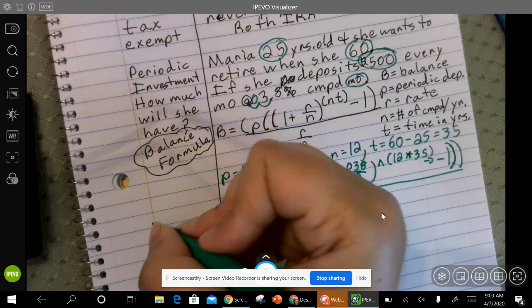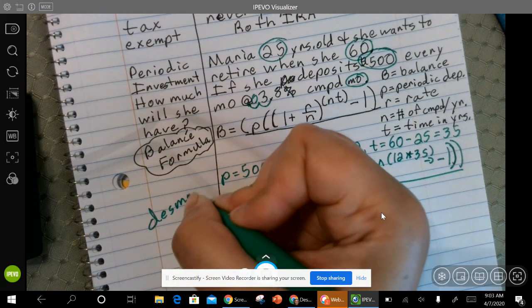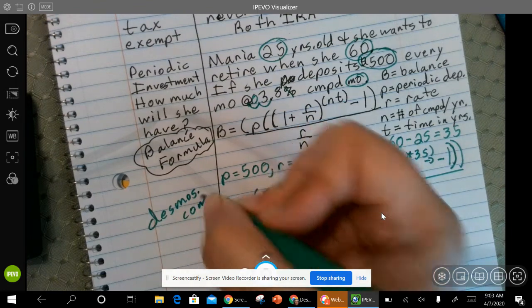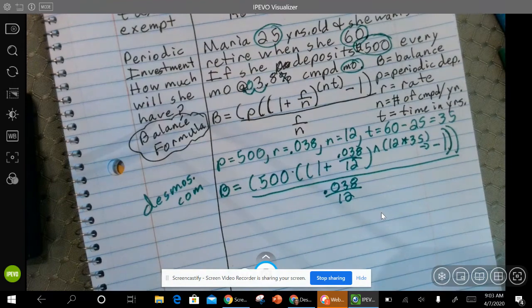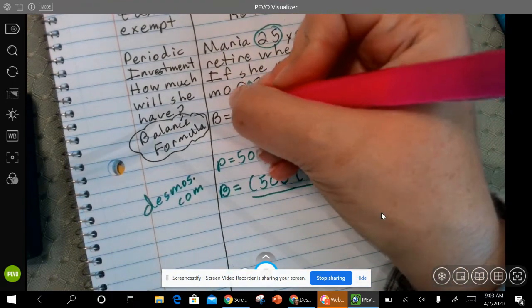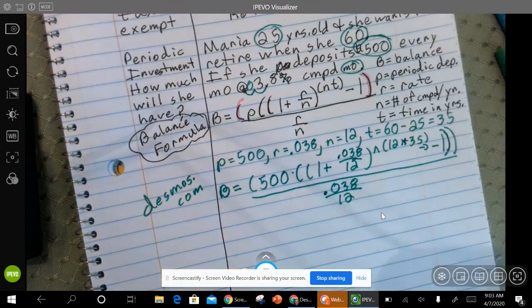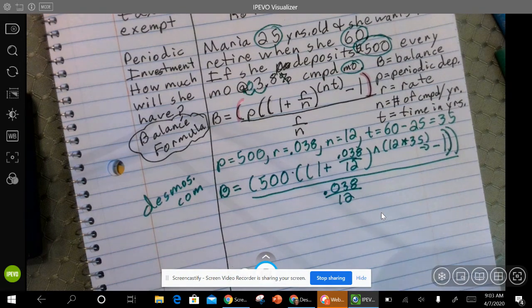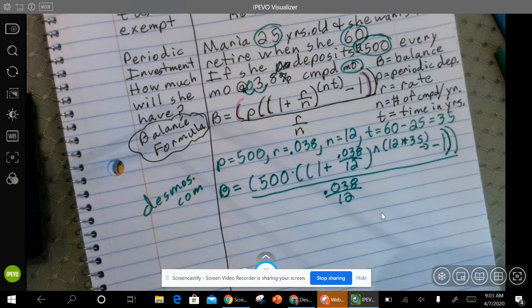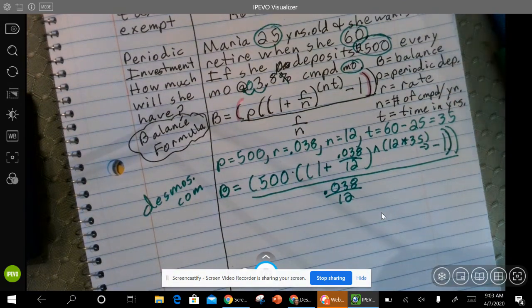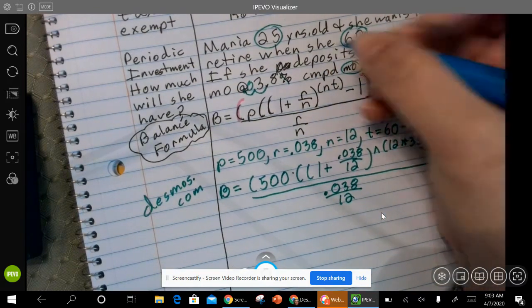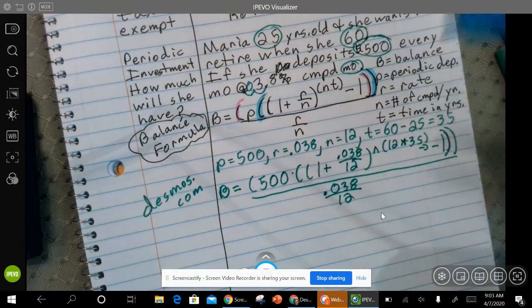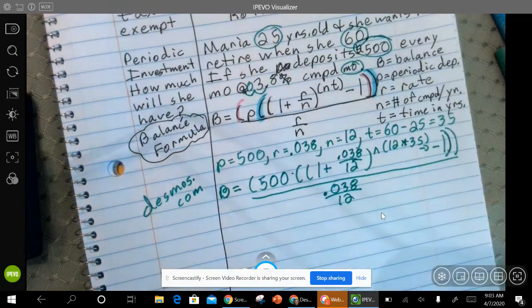And you're going to go to decimals.com for this one. I know you're like, oh my gosh, this is so much to put in, but just make sure you're getting all those parentheses in, and up here I did not put the double parentheses so that you put the pairs in, because otherwise we won't have our pairs of parentheses and it'll give you an error message.